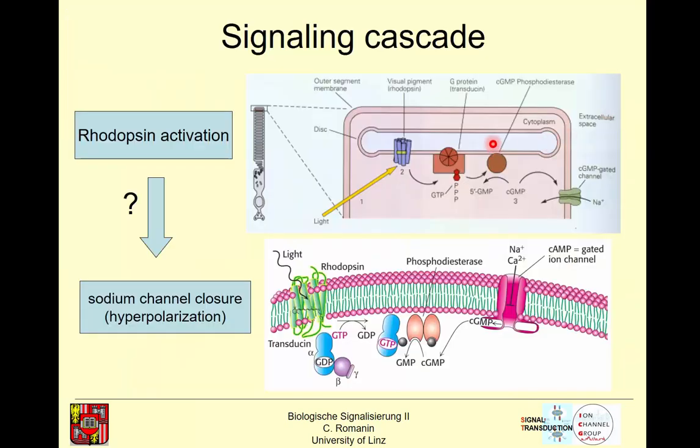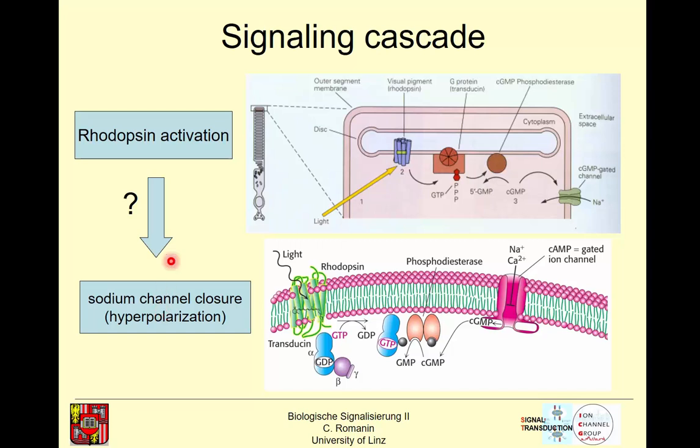So the question now is, when rhodopsin gets activated by this conformational change, we have already heard at the beginning that this leads to a closure of sodium channels, and because of the missing sodium influx, these cells in turn hyperpolarize.